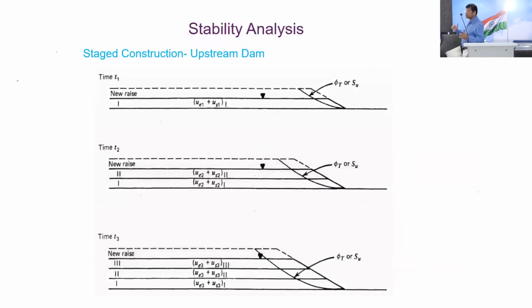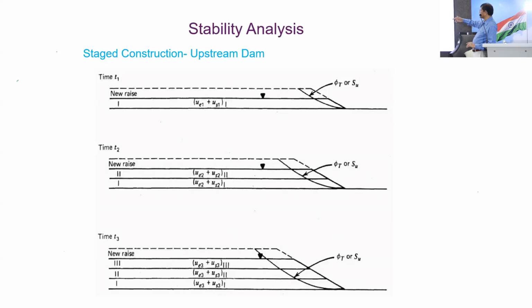Again, you can see how, stage by stage, we do it. So, how the pore pressure is increasing when you raise the dam. In the first phase, there is excess pore pressure and the static pore pressure, U1 plus Us1.